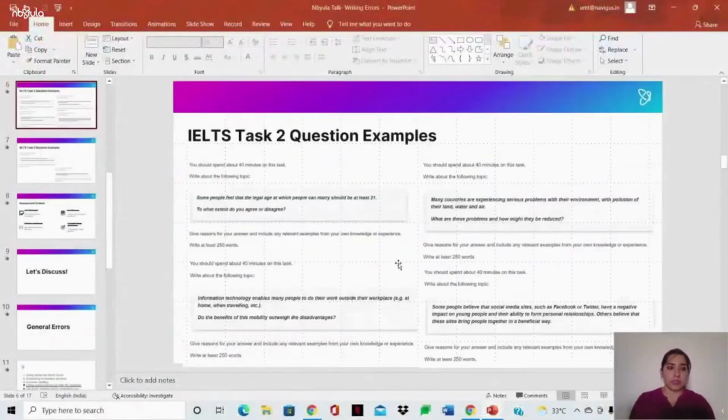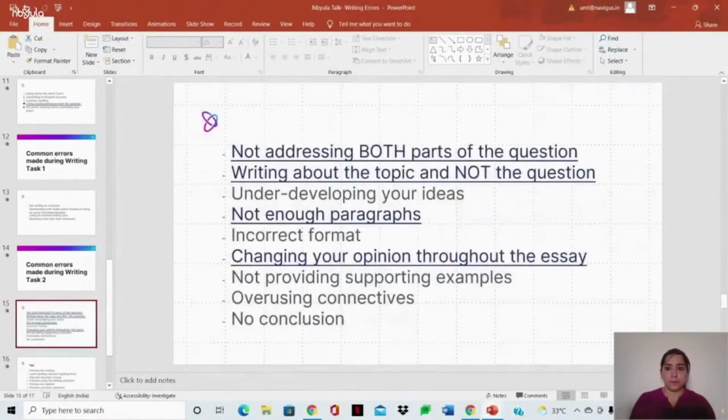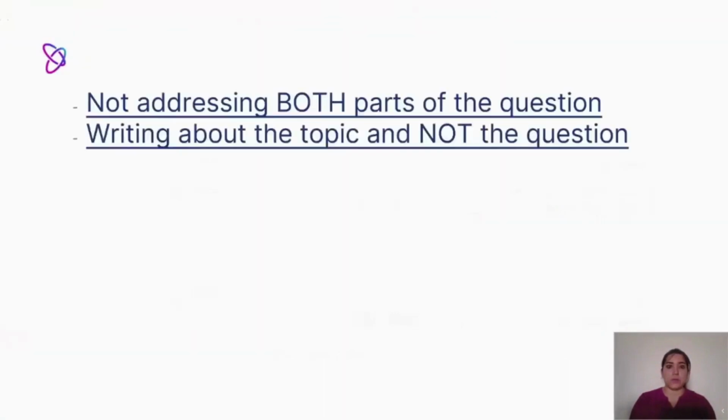So what I mean to say is, if you write about the topic and not the question, you could get a little sidetracked and start writing about the question, but then deviate into something about the environment. Like maybe you'll talk about global warming and make that the whole main idea of your answer.